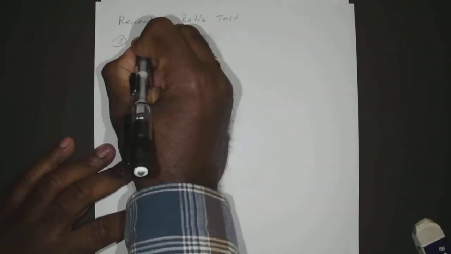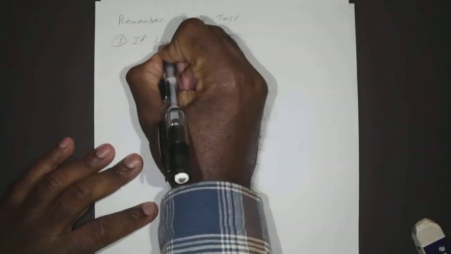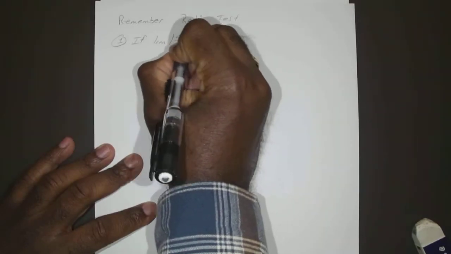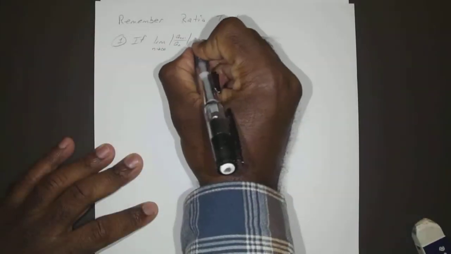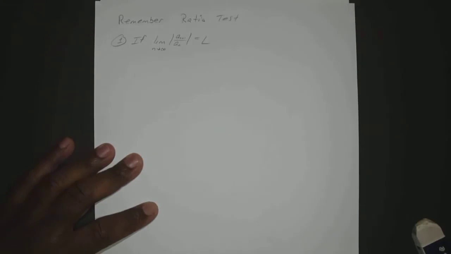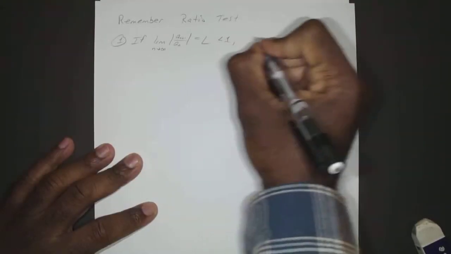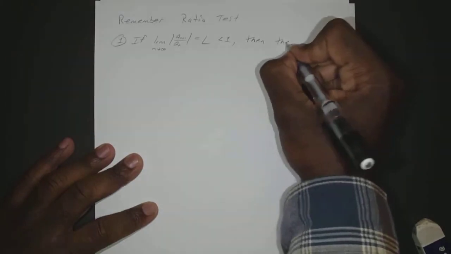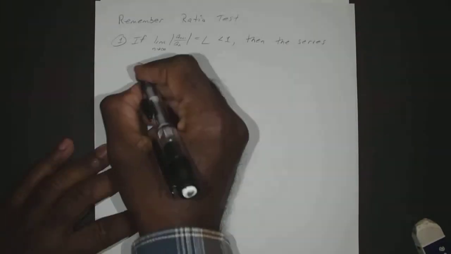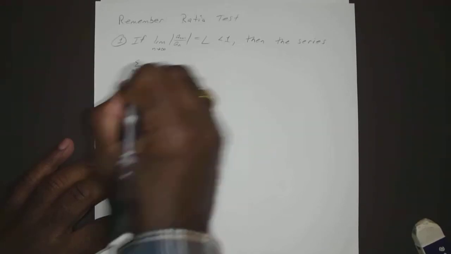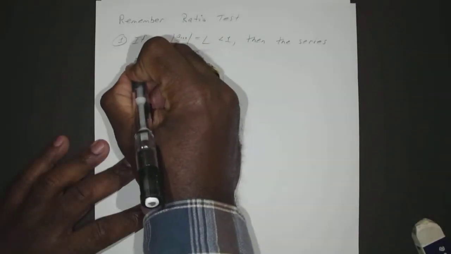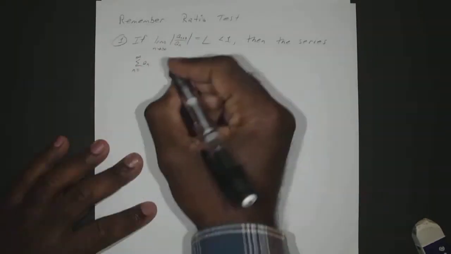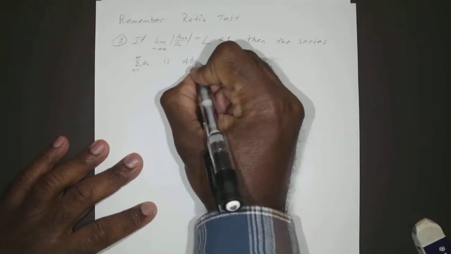So remember, if the limit of the absolute value of a sub n plus 1 over a sub n, as n approaches infinity, equals some limit, and that limit happens to be less than 1, then the series converges. So the sum of a sub n is absolutely convergent.